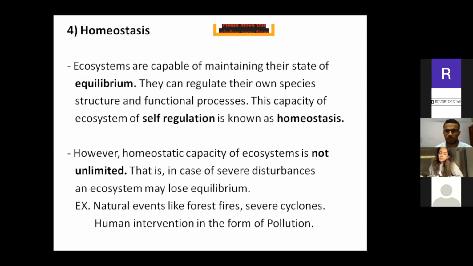Next, there are 4 types of ecosystem services. We'll discuss those 4 types one by one. First is provisioning services.